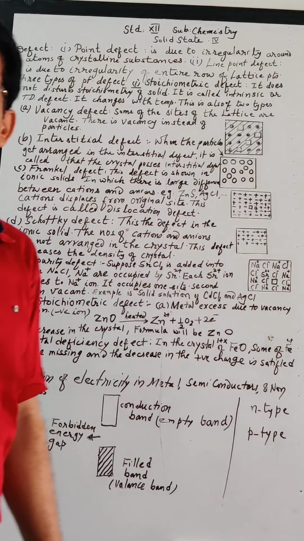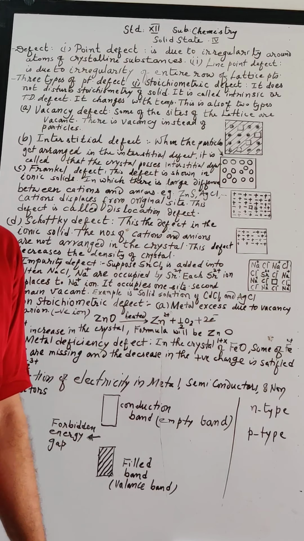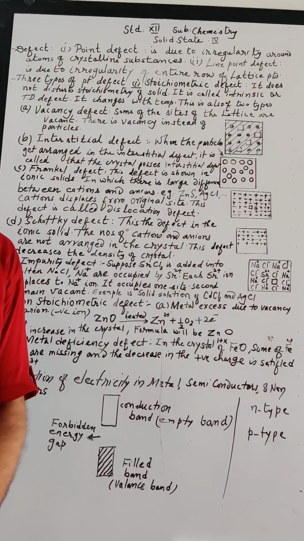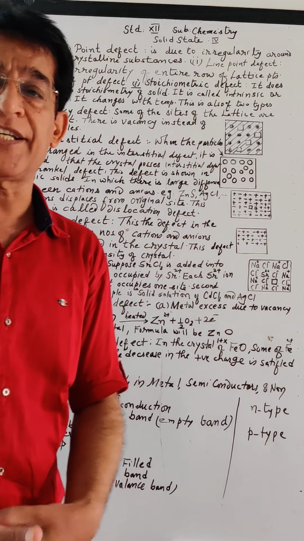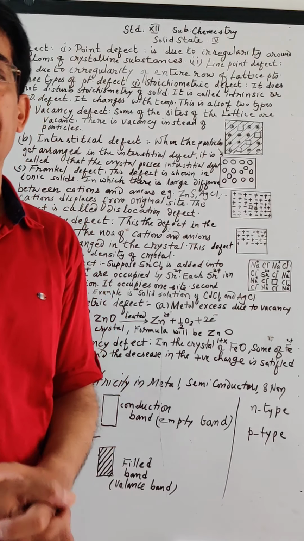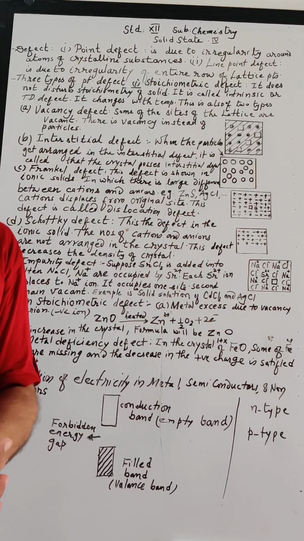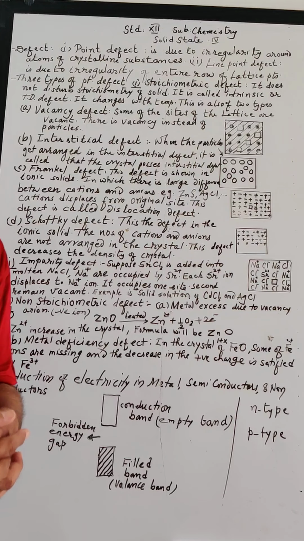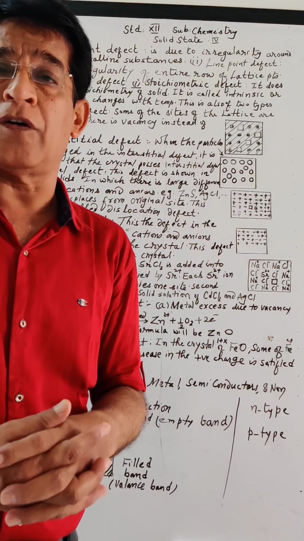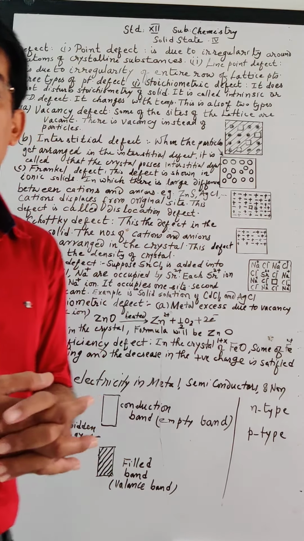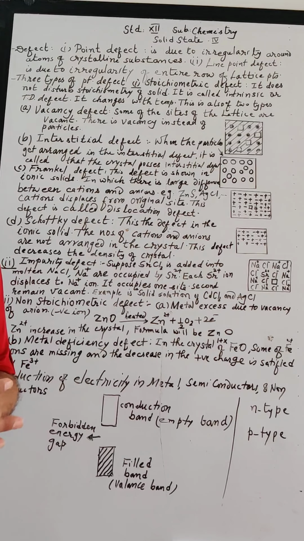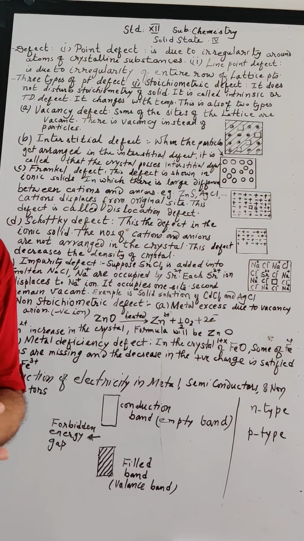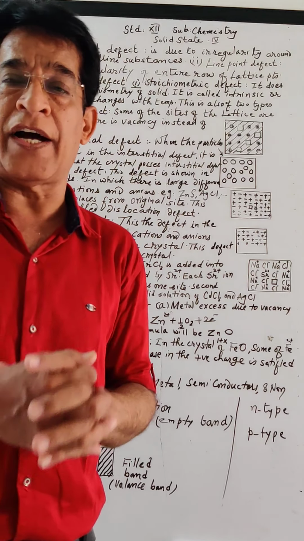Non-stoichiometric defect. There is no disturbance in the stoichiometry of elements, but constituent particles are in non-stoichiometric ratio. The first type of non-stoichiometric defect is metal excess defect due to vacancy by anion, meaning negative ion.